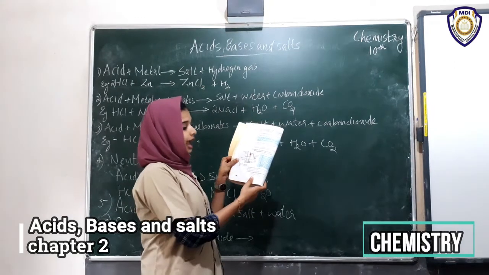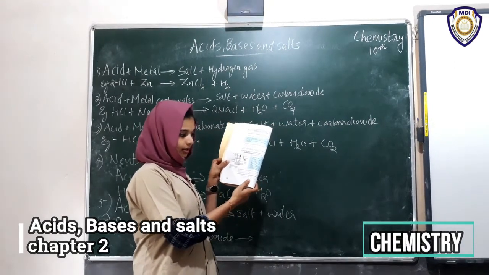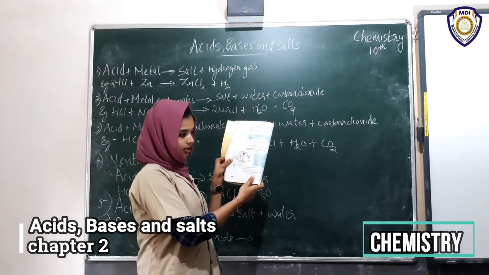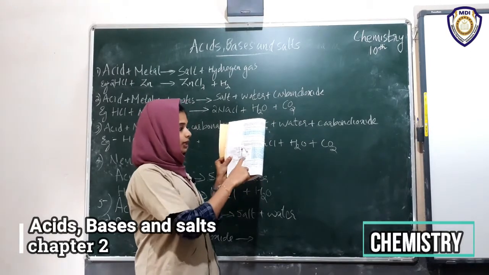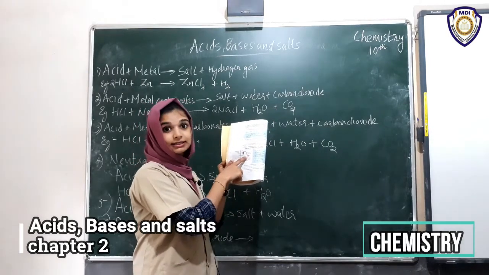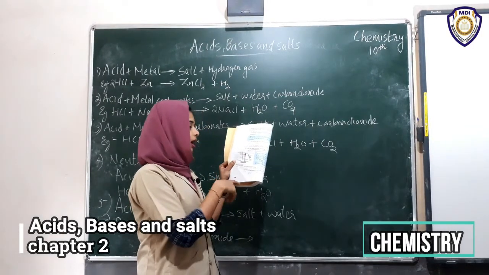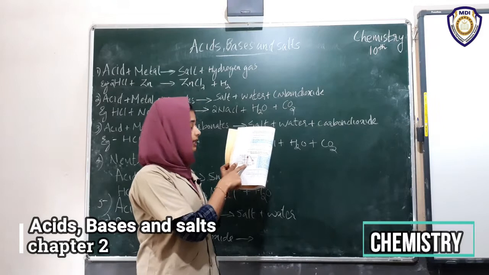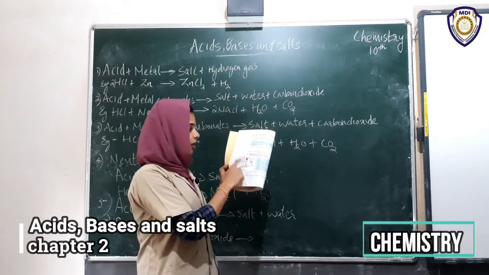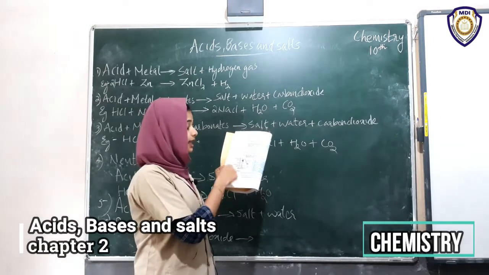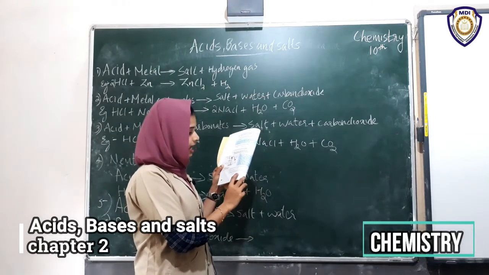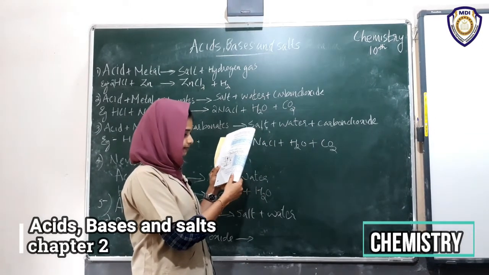When calcium hydroxide is formed in this experiment, a milky precipitate is formed. When we add carbon dioxide to it again, calcium carbonate forms.